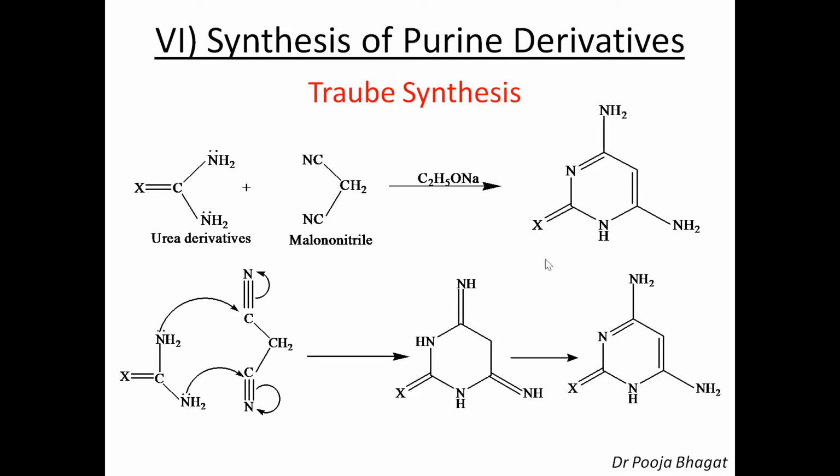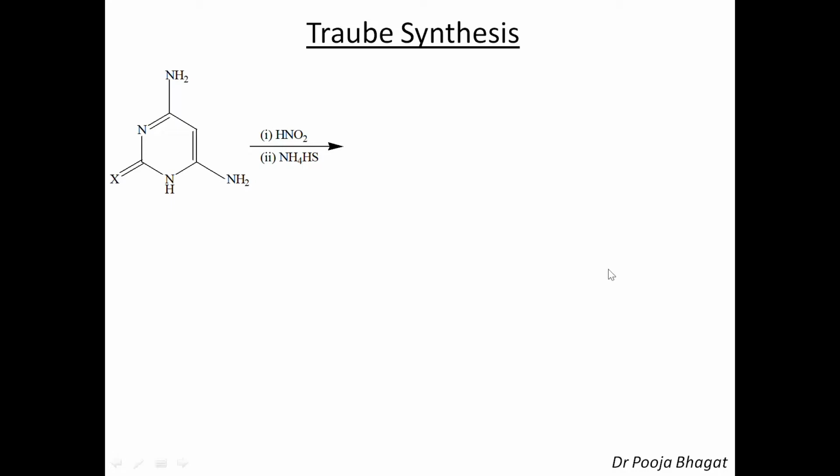This is an active methylene compound. So in presence of sodium ethoxide, the loss of this is very easy because this CH2 is very reactive in nature. And therefore the loss of the proton takes place to give you this amine. And then when you treat it with nitrous acid followed by ammonium hydrogen sulfide, what is the role of nitrous acid?